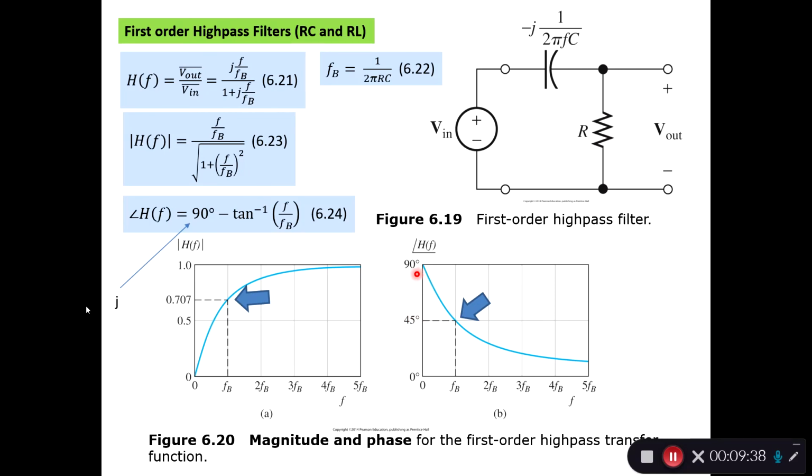The difference between the filters is that due to the capacitor here, we already have a phase shift of 90 degrees starting out with, and then the phase shift ends up at 0. But at the break frequency, we have 45 degrees.